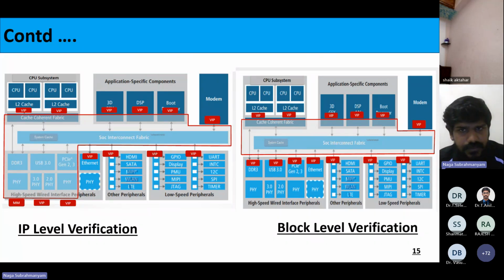For example, in my last project, they had their own cache. They follow the light rules of the existing cache but design their own cache. Now the things are different: existing cache verification is different, and verification of their own designed cache is different.